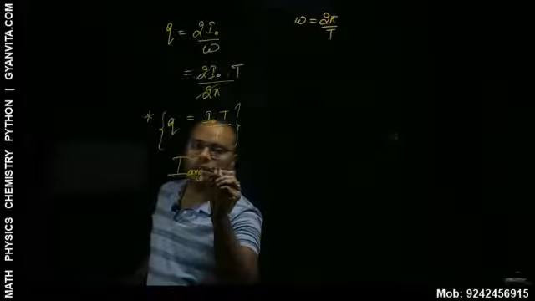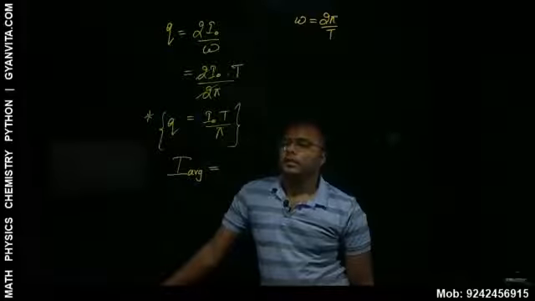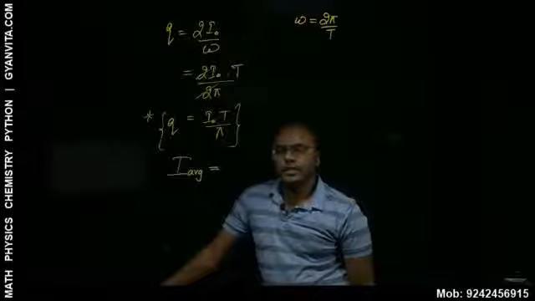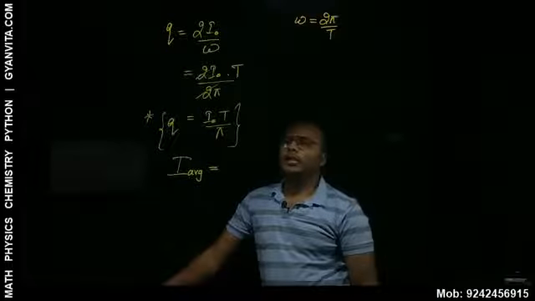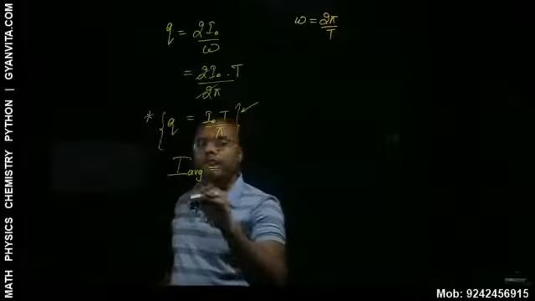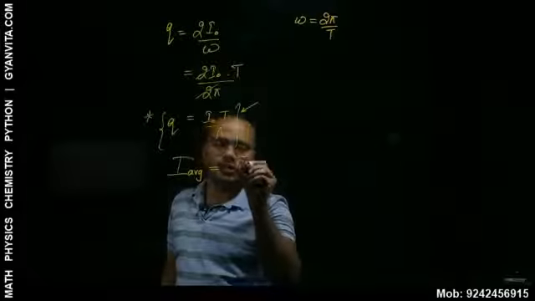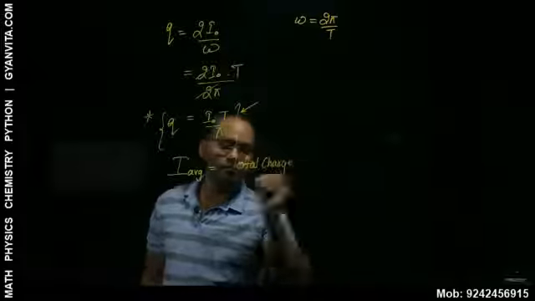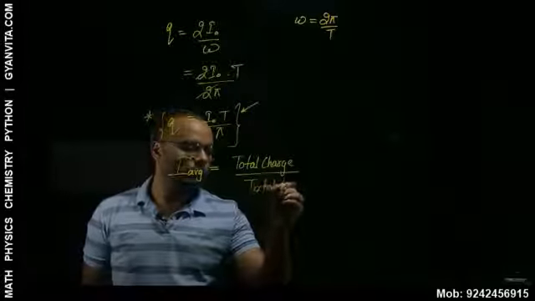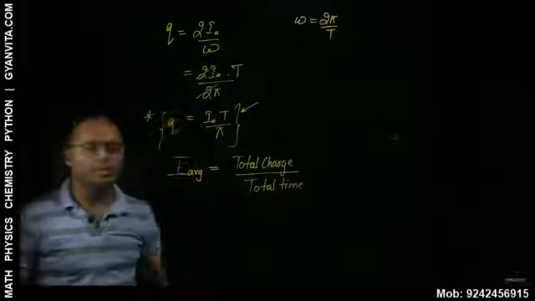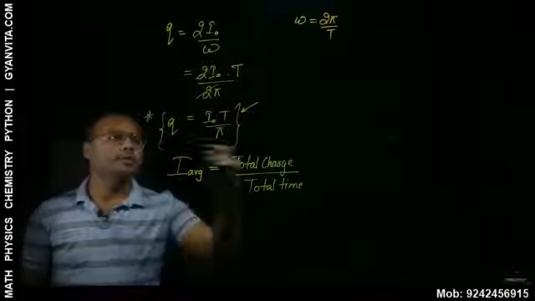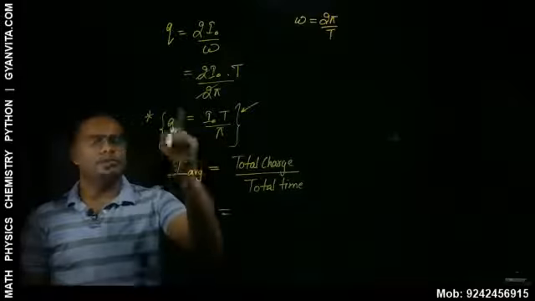Now coming to the average current. What is I average, or what is the average which we have to take? So average, as I said, now you already have the charge value and you know the time. So I average is nothing but total charge divided by total time, in any case, average rate of change is this itself. Now what is the total charge in half cycle?